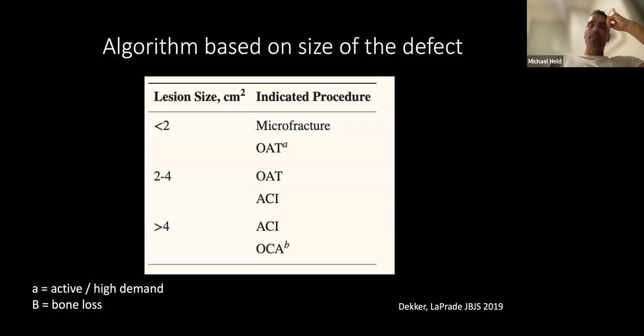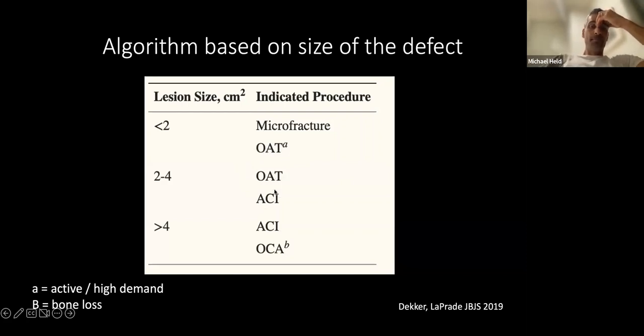Most people base the algorithm of how to address these cartilage injuries on the lesion size. So less than 2 centimeters, between 2 and 4, and then more than 4 centimeters. In all these abbreviations we're going to go to now, but mainly what we know is microfracture and osteochondral autograft transfer, which is OAT.